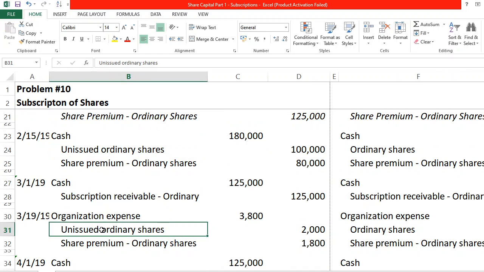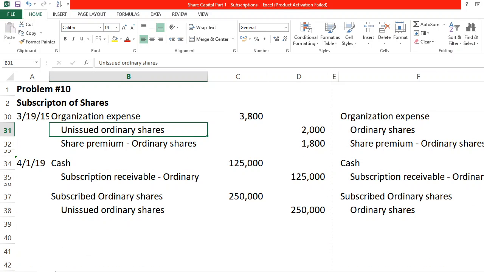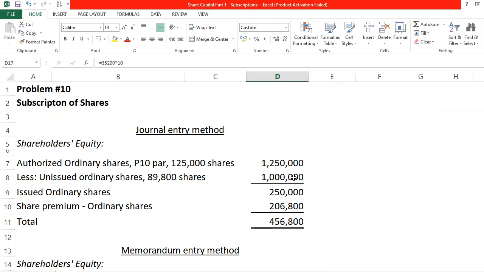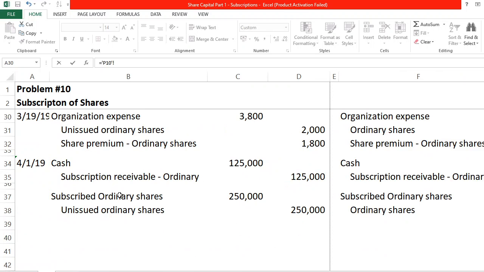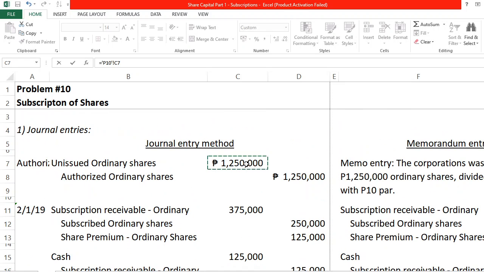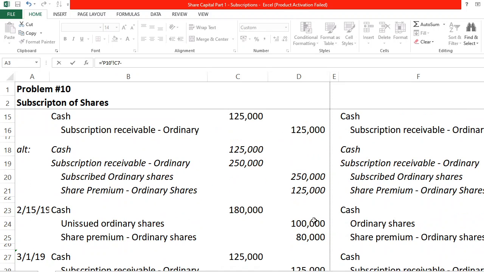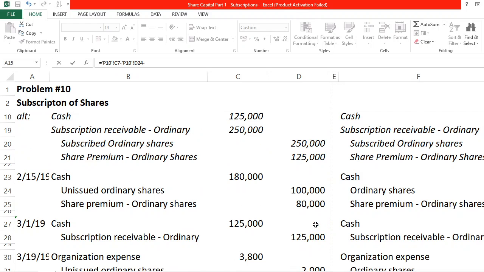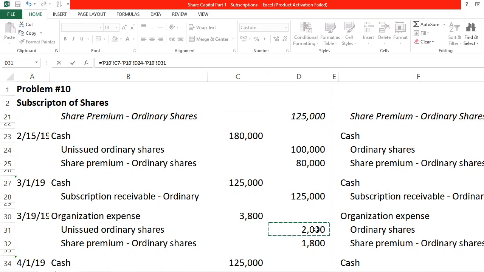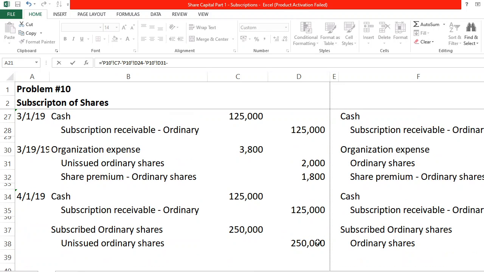This organization expense. So, I'm so sorry. This unissued is not 1 million, but that's 1 to 50, the first entry minus the others that went out, like this minus this and then minus this again.